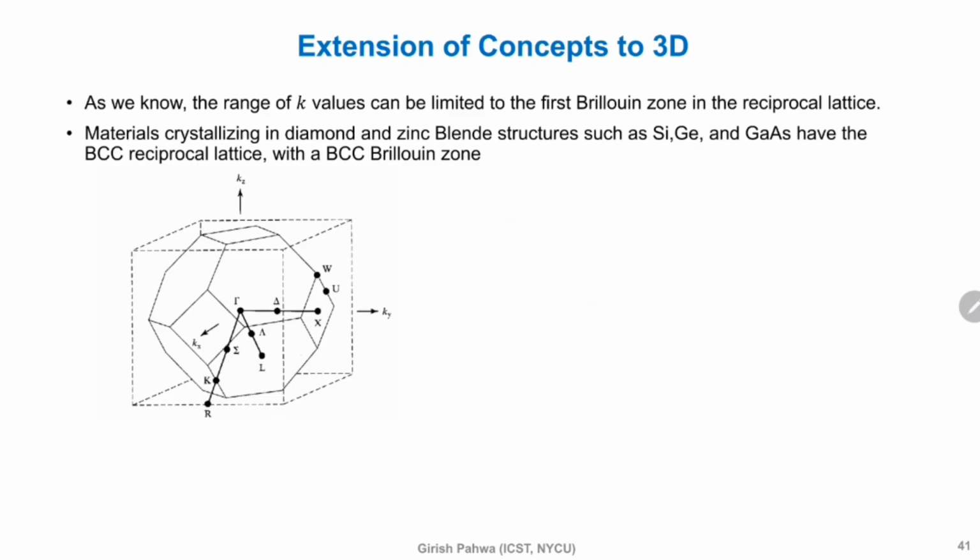Compare this with 2 pi by Lx. Here you have the length of the whole sample, and there you have the small unit cell dimension. Which one is going to be larger? 4 pi by A is going to be much larger than 2 pi by Lx.